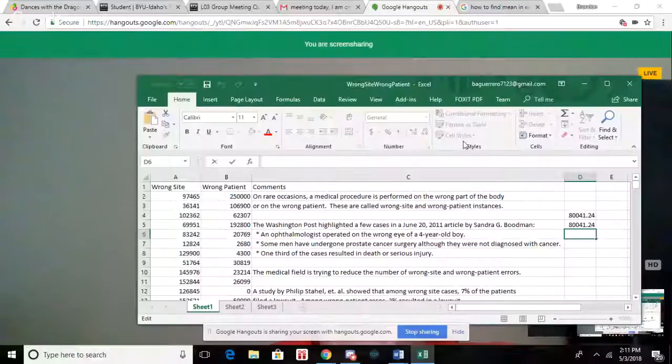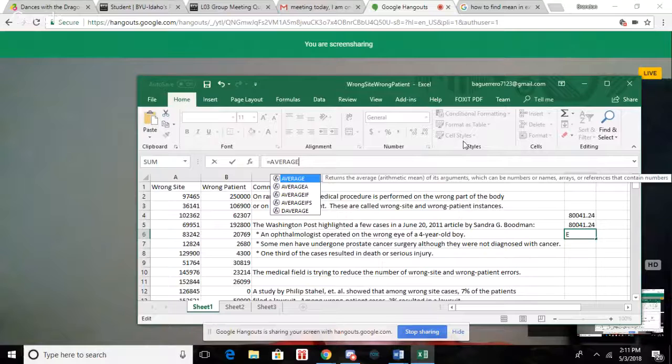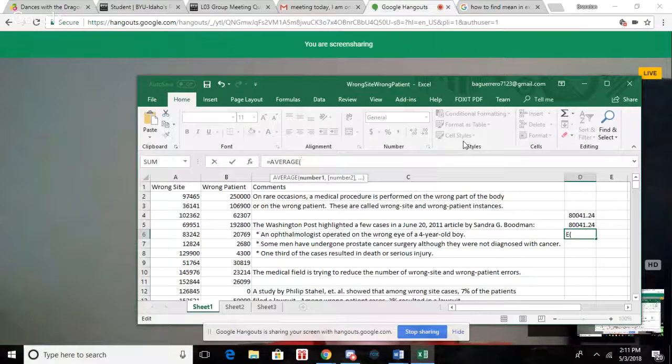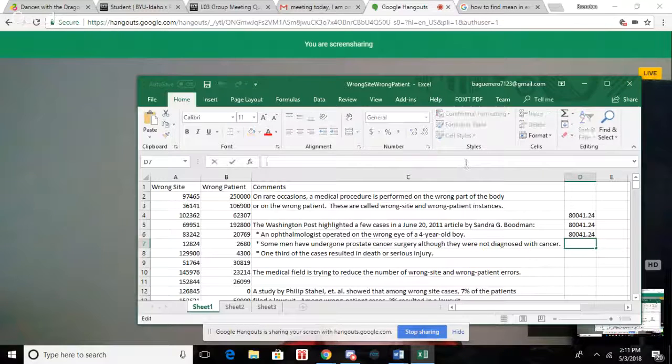So for this, it'd be enter AVERAGE, where that would be the mean. There, you see it has the formula right there: A2, A412, and that'd be the formula.